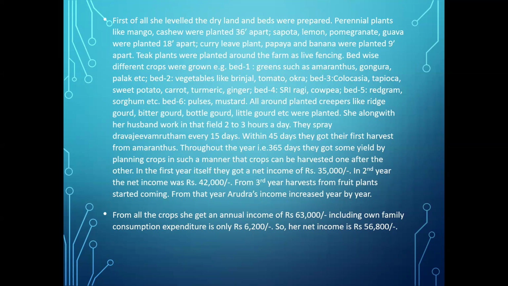From all the crops, she gets an annual income of 63,000 rupees, and the family's own consumption expenditure is only 6,200 rupees. So her net income is 56,800 rupees. These are the success stories of various crop models.